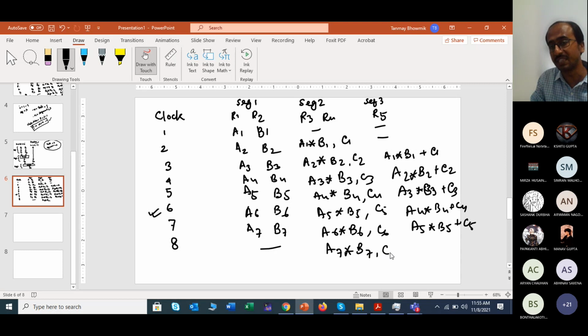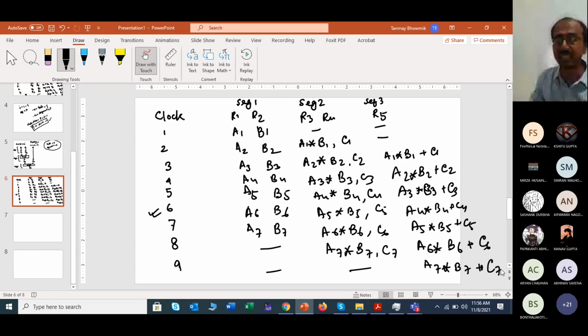So on the 8th pulse, it will be A6, B6 plus C6. And on the 9th pulse, 7 data also has been stored here. So only one step is pending. So is it possible now to judge how many total clock pulses are required?